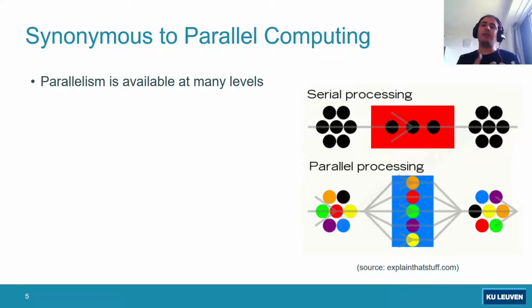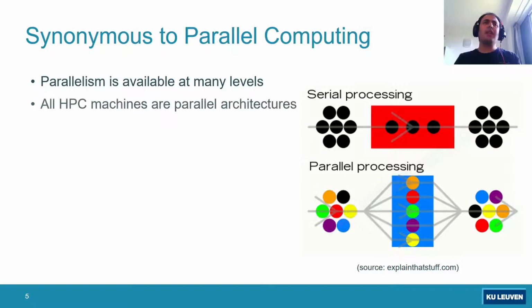Even on your laptop, you definitely have a multi-core CPU, which means that parallelism is available to you even on your local machine, because you can employ the available multi-cores to speed up computation if you can parallelize your computing, your simulations, your models, your codes. But what is really important to keep in mind is that all HPC machines are parallel architectures. So if you want to go for high performance computing, you should go for parallel computing.